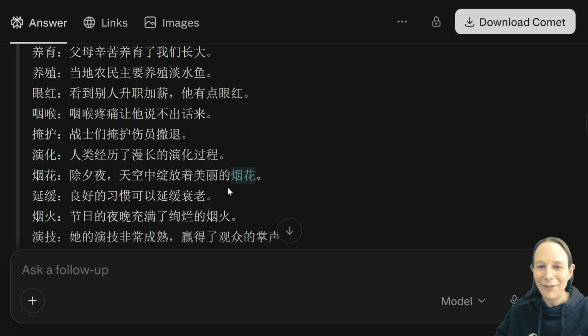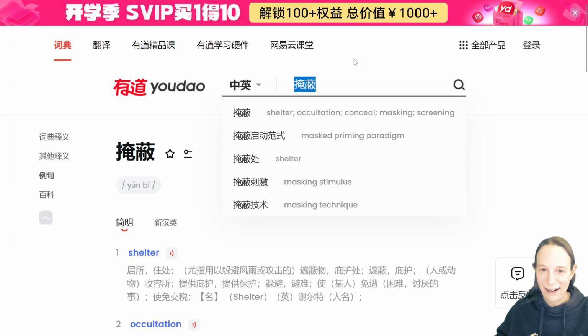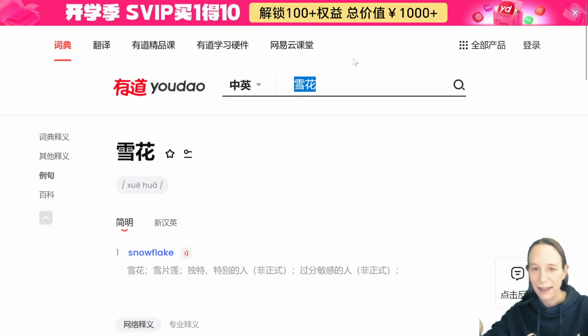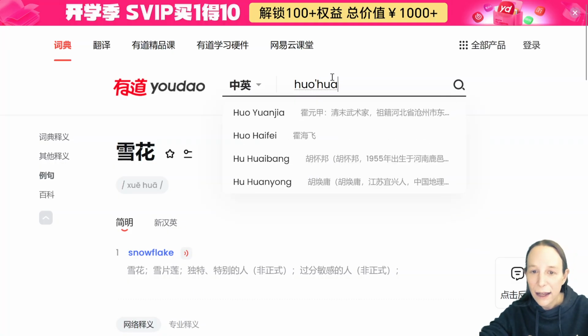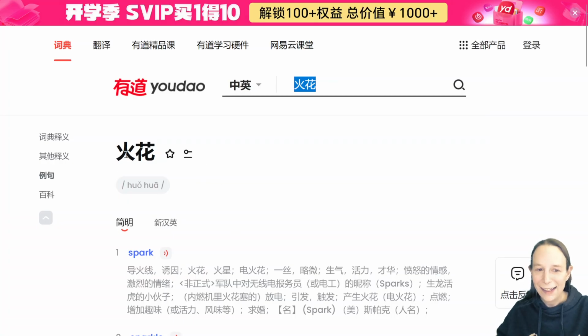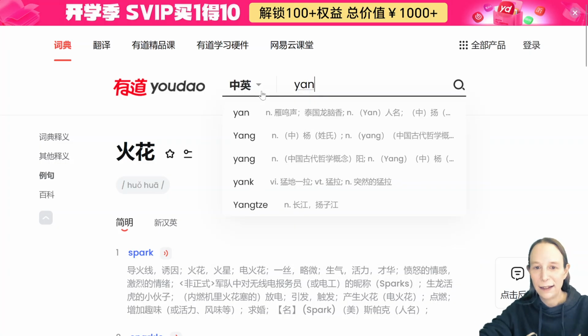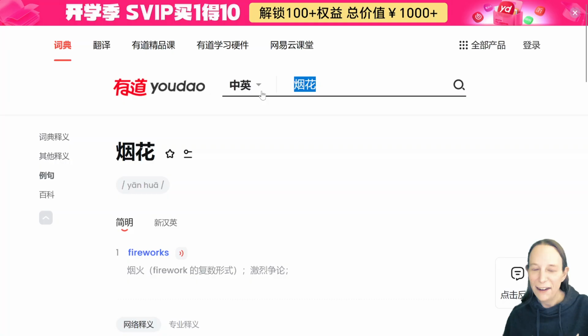So presumably it's used figuratively here because we used flower. All right, there's different types of hua. So yes, you've got like 牡丹花, 菊花, etc. You've got flowers, but it's also used figuratively like 雪花, snowflower is snowflake. 火花, yeah, fireflower is a spark, etc. So it's 烟花, smoke flower.